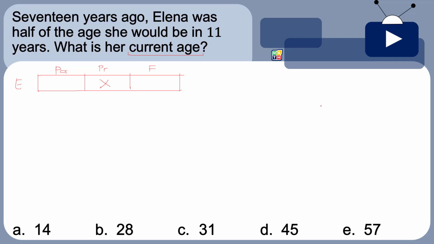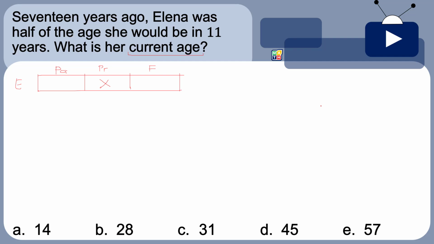Say for example, if your age is 20, just an example, what would be your age 17 years ago? Definitely that's 3, right? How about if your age is 52? What is your age 17 years ago? That's 35. How were you able to get 3 from 20 and 35 from 52? You simply subtracted 17.